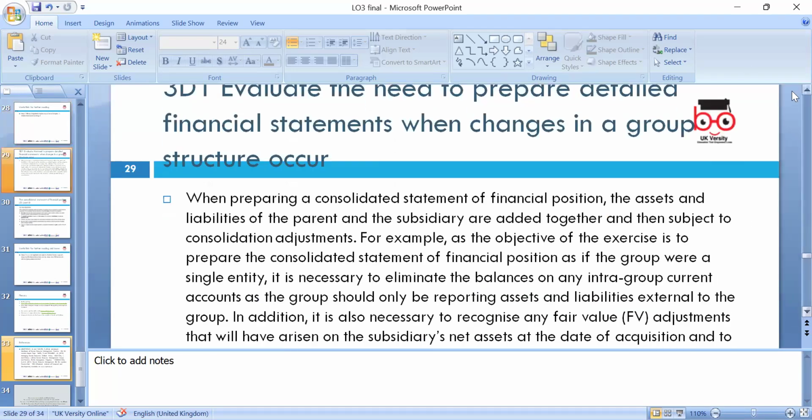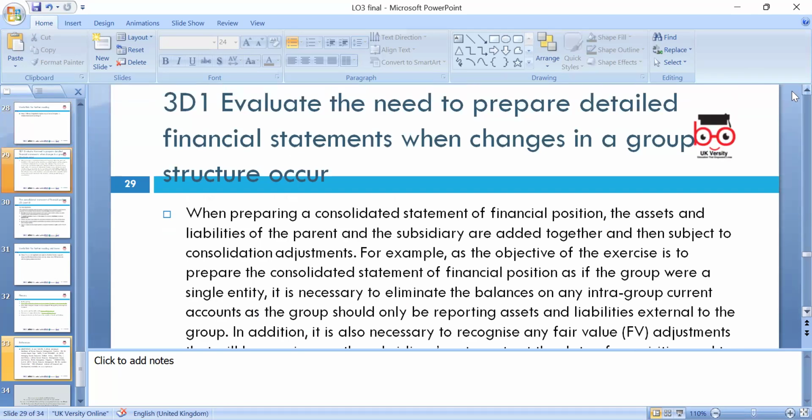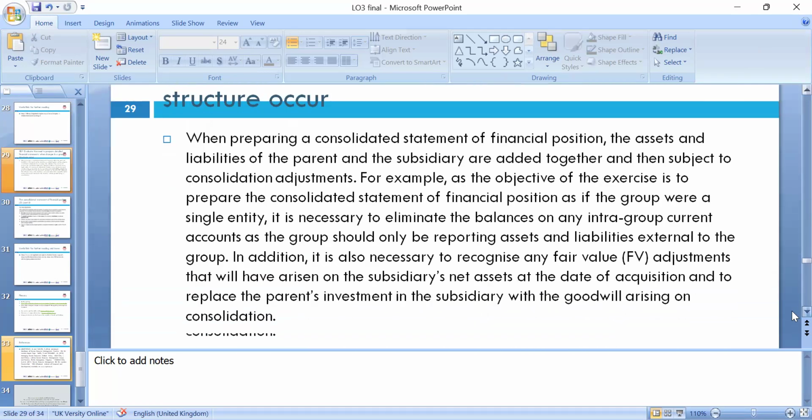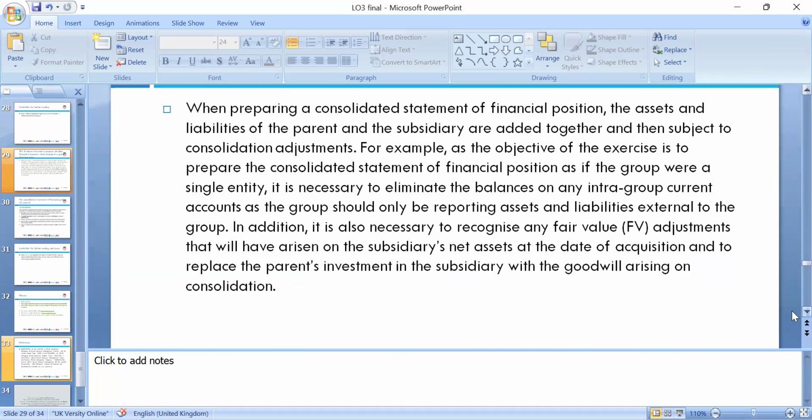Then we have the distinction criteria: evaluate the need for and prepare detailed financial statements when changing the group structure. Here we can look at the group structure, the new company, and intra-company trading; those examples we can pick. In 8.8 we mentioned fair value adjustment.